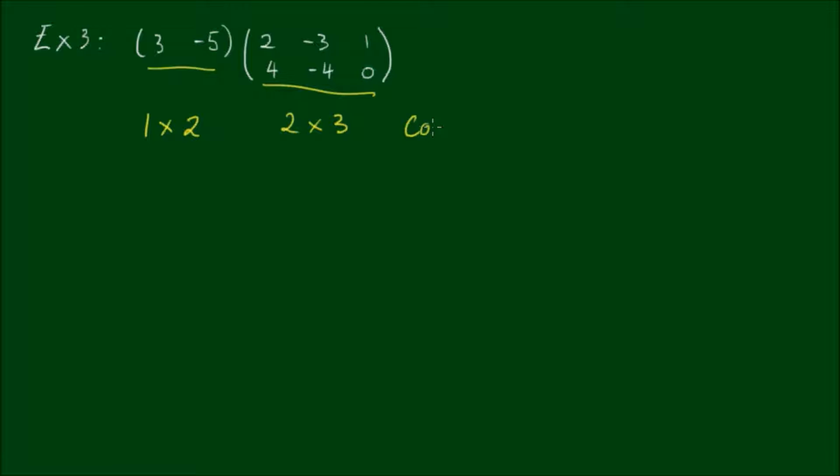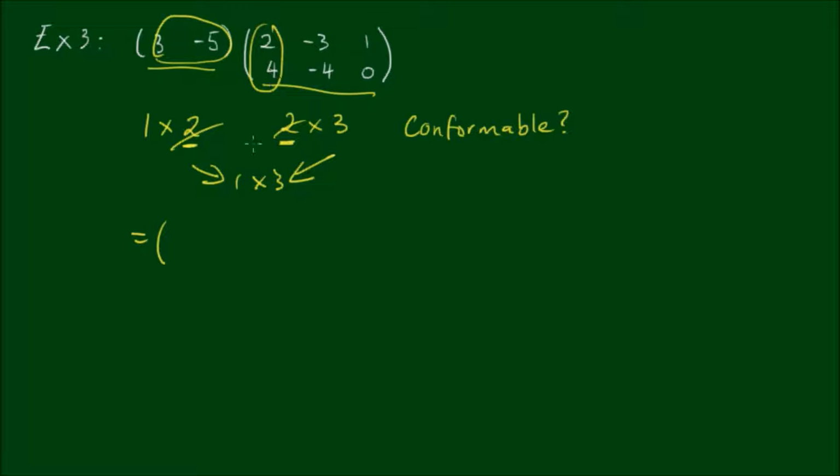So are these matrices conformable? And the answer is yes, because we have the same number of columns in the first matrix as rows in the second matrix. So these will cancel and we should end up with a 1 by 3 matrix when we find the product. So the process is the same as before, row by column.